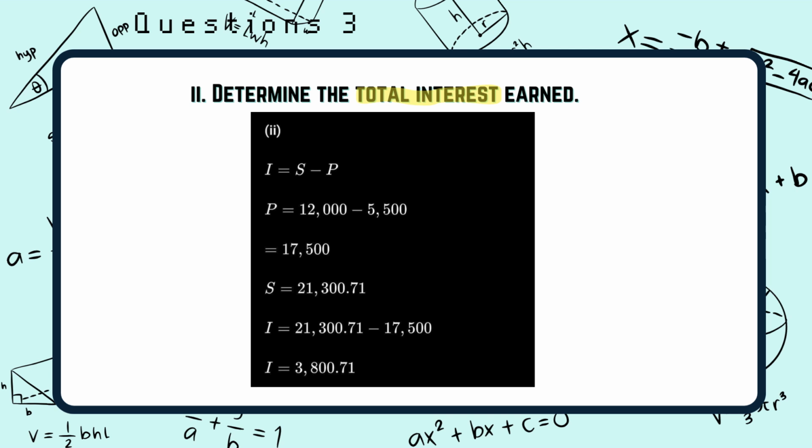We put the numbers into our formula. I equals 21,371 ringgit minus 17,500. So I is 3,871 ringgit.